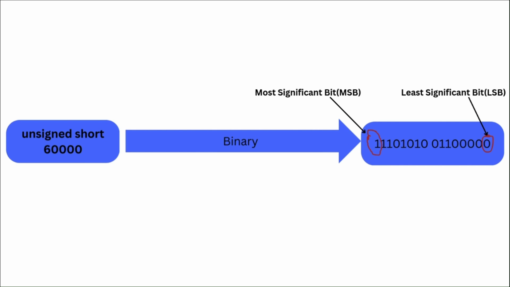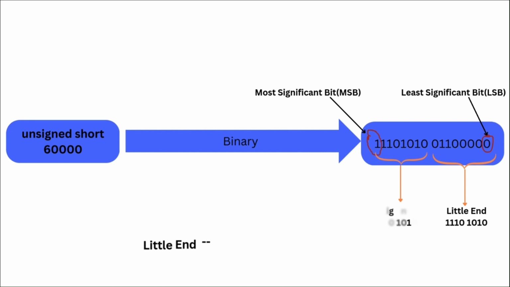And when we are storing in memory, we store as bytes, right? So we take 1 byte, which is a group of 8 bits. The byte which includes the least significant bit is called the little end. So this byte contains the least significant bit, so that's why the little end is this one.